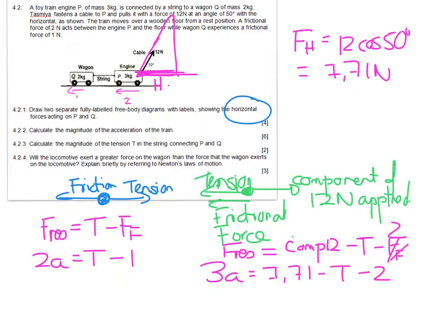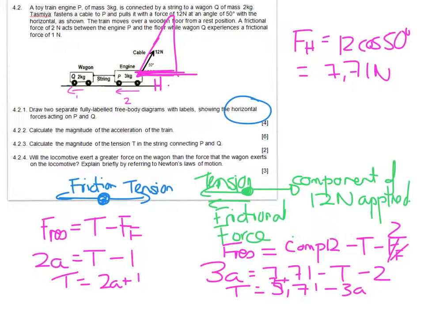I can then put both of these in terms of T. T is equal to 2a plus 1. Here, T is equal to 5,71 minus 3a.